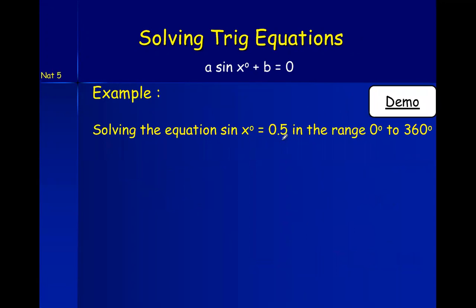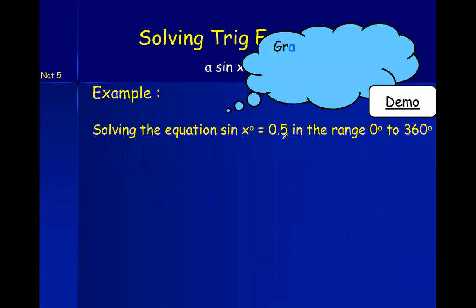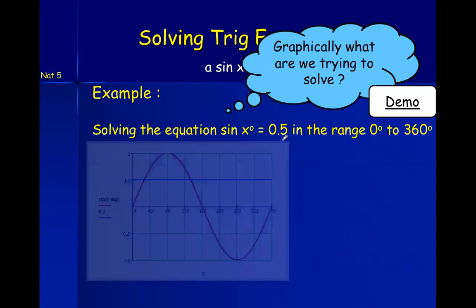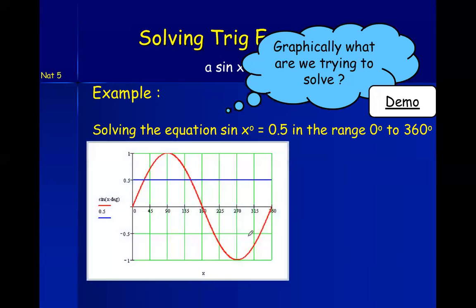We've just done this one, sine x equals 0.5. So what we're trying to solve is the sine curve and a line at 0.5. Do you all agree? Yes. And we know we've got two answers.